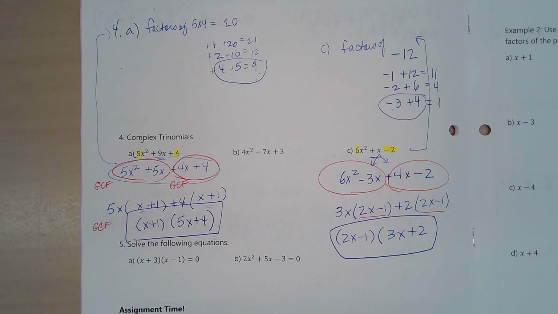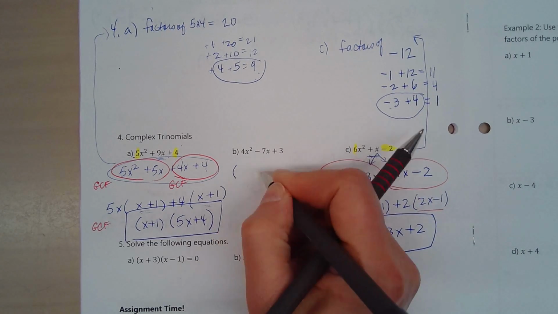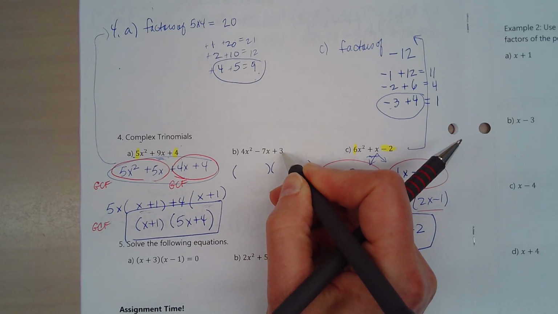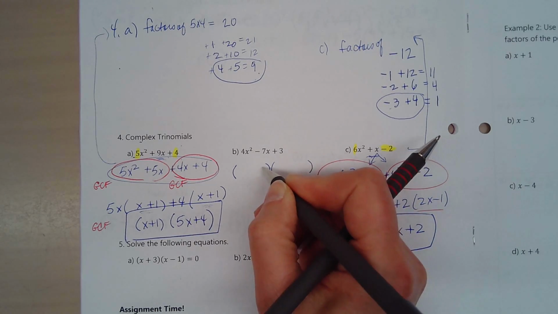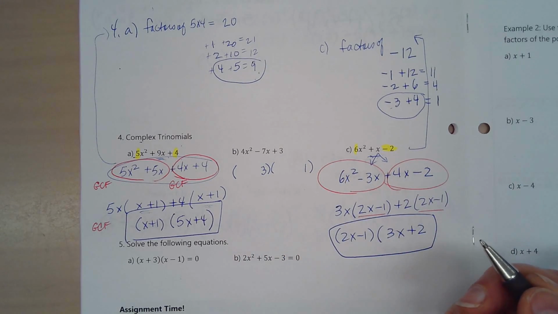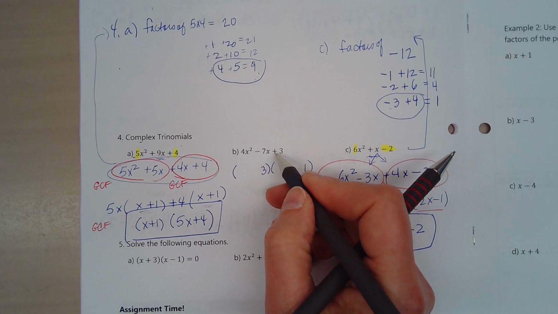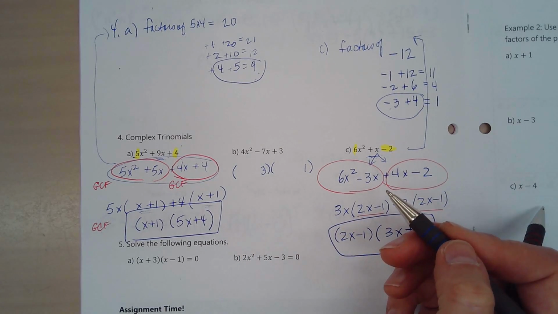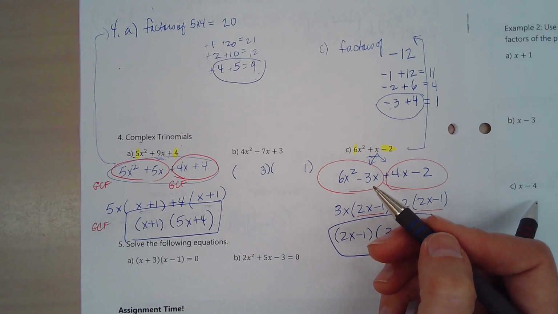Now, if you don't need this process, you might be able to do it quicker, right? I don't know. You could try and start off just by kind of inspection. You could say, well, by the way, the only way to get a 3 is 3 and 1, because it's prime, right? The only way to get a positive 3 is the signs have to match, right? They both have to be positives, they both have to be negatives.